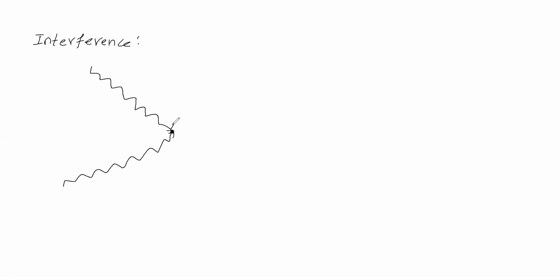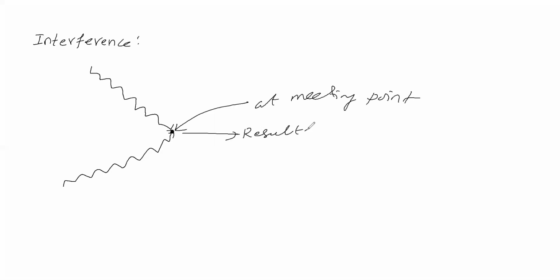At the meeting point, both waves meet at one point. Therefore, from this meeting point onwards, we will get a resultant wave, because both waves meet at this point.